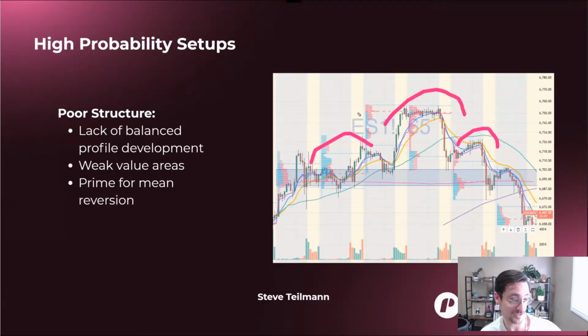But this is distribution. Remember, on any time frame we're constantly in a cycle between accumulation, expansion, distribution, expansion. In this case, we're kind of speed running it: we accumulate, we expand, we distribute, we expand. Are we accumulating here? Remember we said these candles are trappy.